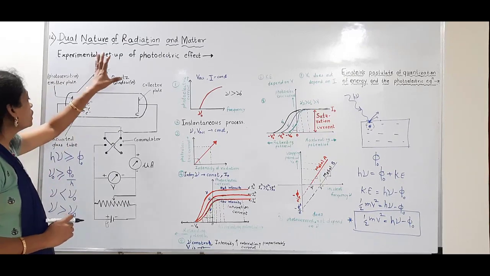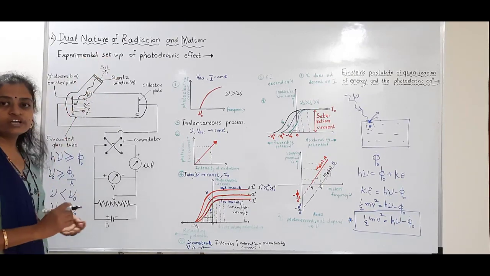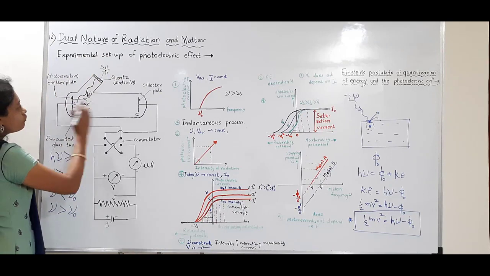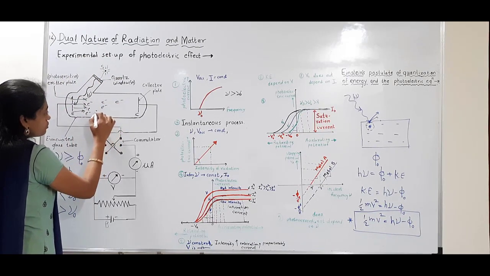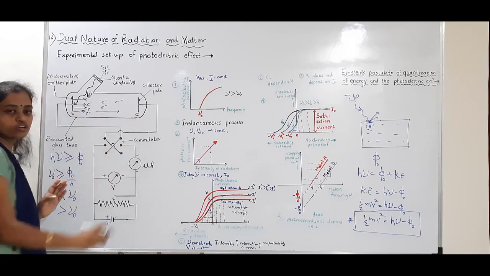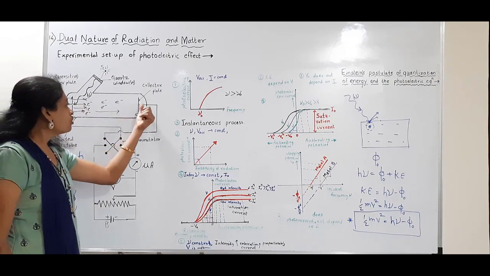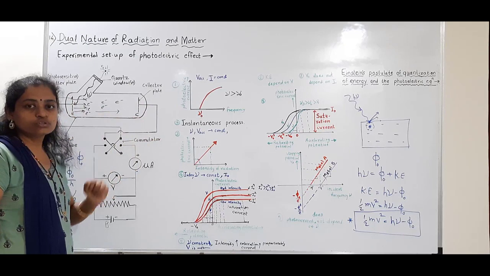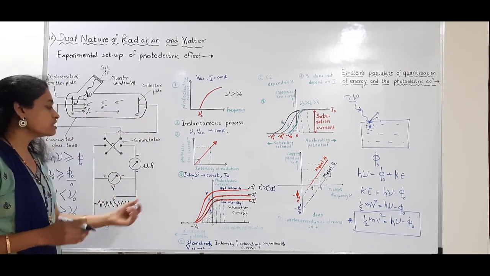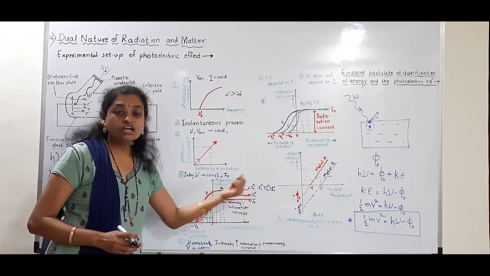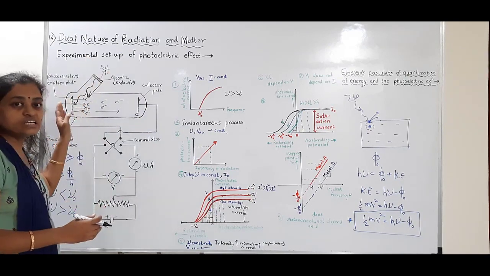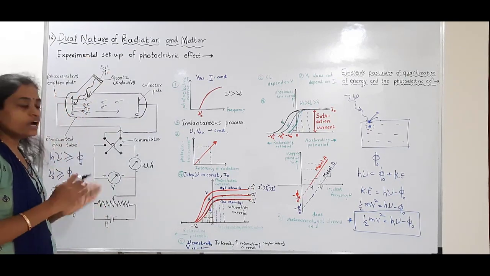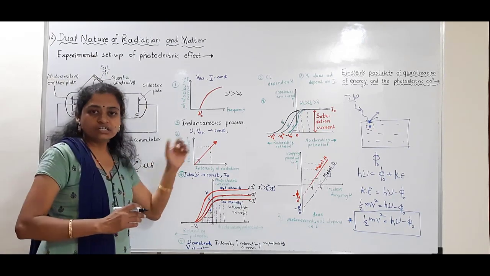As we go on increasing the intensity of radiation, what happened? The number of photoelectrons emitted from the emitter increases, and photoelectric current will flow through the circuit. Means as we increase the intensity of radiation, we are increasing the number of photons incident on the emitter plate, and therefore photoelectric current increases.